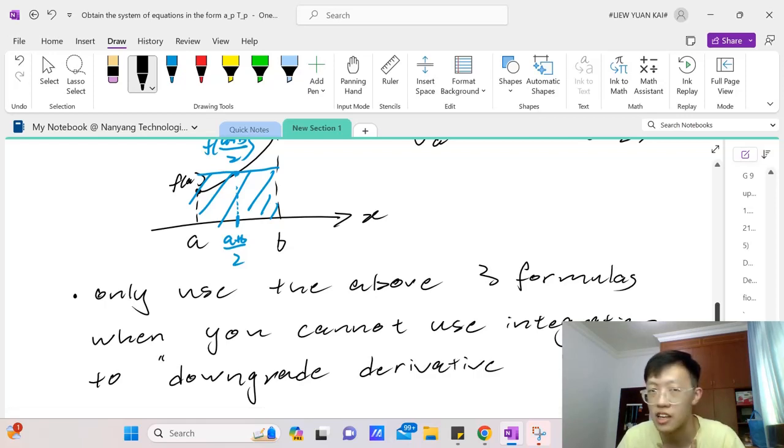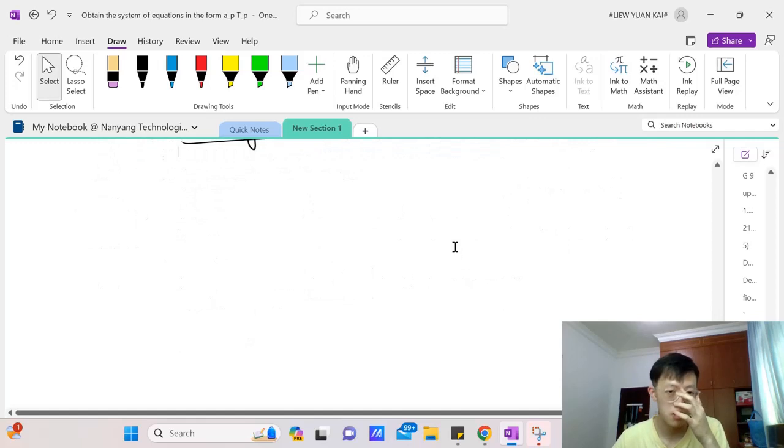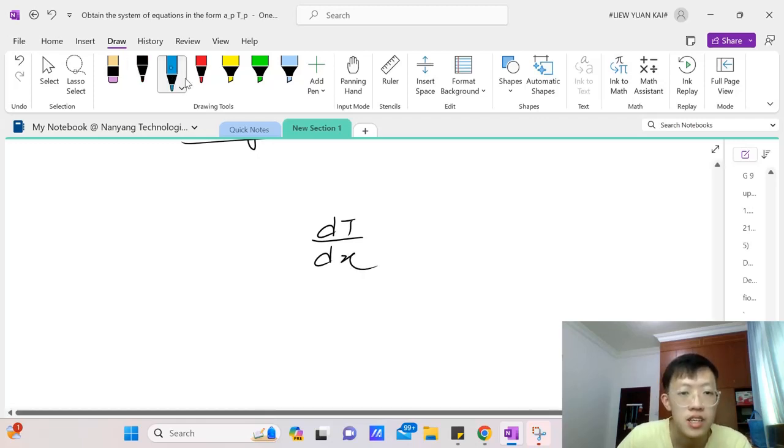Now, what do I mean by downgrade derivatives? This is a term that I made myself. What does it mean to downgrade a derivative? Let's say I give you, for example, dt/dx, and now I ask you to integrate this term with respect to x.